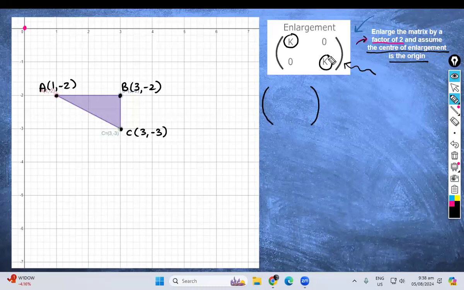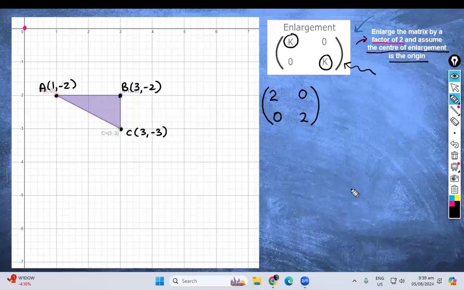We replace the letter K with 2. If I had asked you to make it 3 times larger, you would replace the 2 Ks with 3. If I ask you to make it 4 times larger, you replace the letter K with 4. And the zeros just remain as zeros. These two will always be 0.